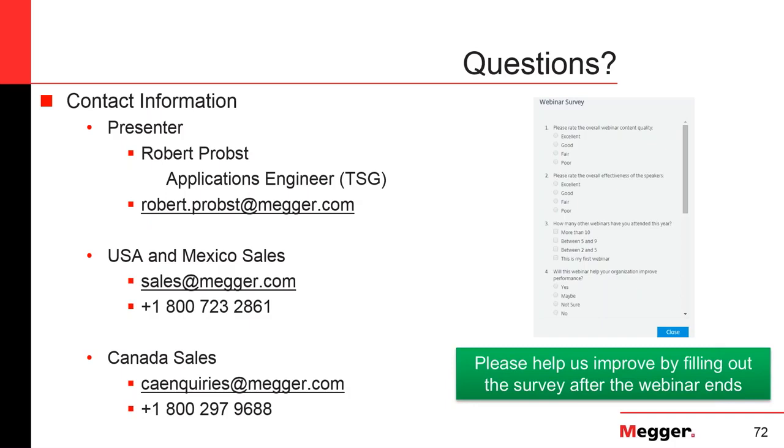The next question is, does the standard tell how often primary injection tests should be done? None of the standards at this stage have a recommended time for test. This is typically decided by the user and the criticality of the circuit.